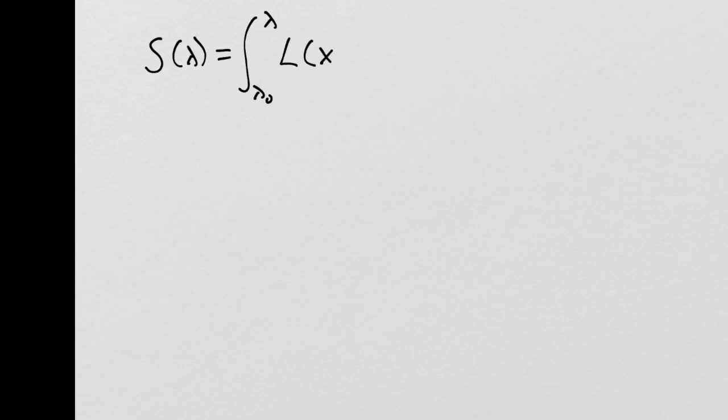So I'll just write it as x dot and omega d omega. That's the definition of this path length, where the variable of integration in the integrand I've written as omega.